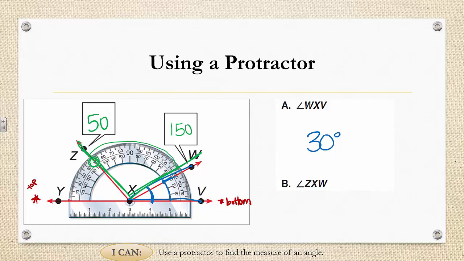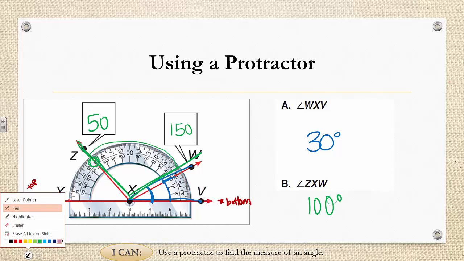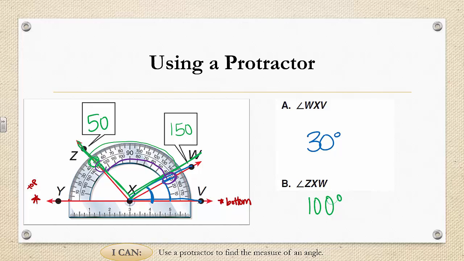So how many degrees are in between the 50 and 150? Well, there's exactly 100. And we could have used the bottom to do exactly the same thing. So this one right here is at 30 on the bottom, and then if I trace it here, it's at 130. So again, there's still 100 degrees in between there. We just have to be consistent on which we use, the top or the bottom. I can use a protractor to find the measure of an angle.